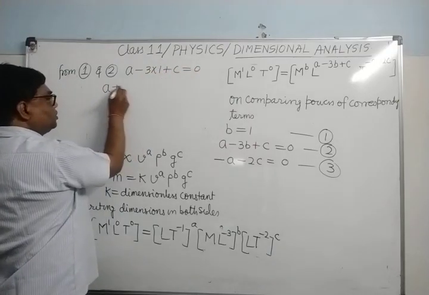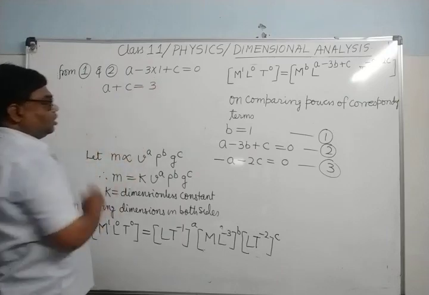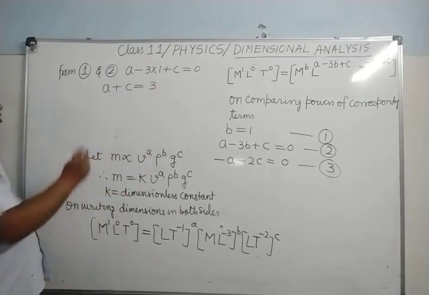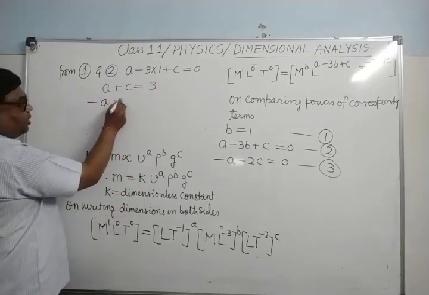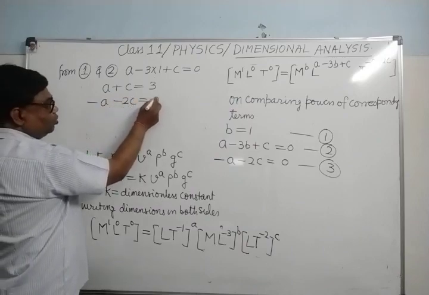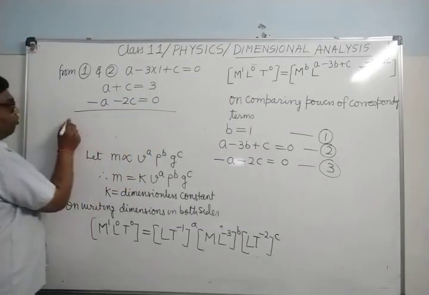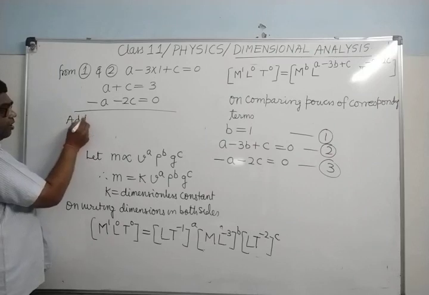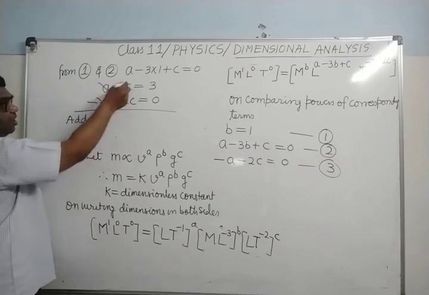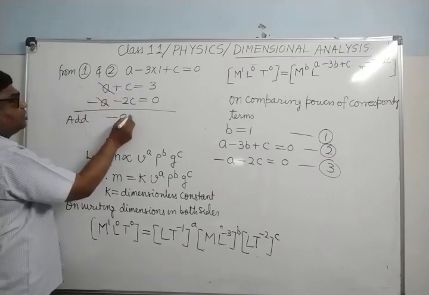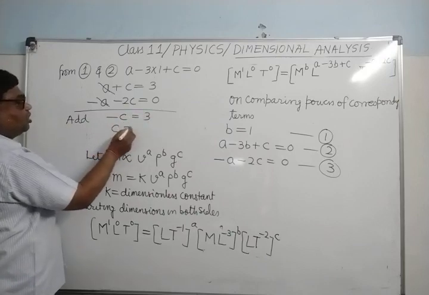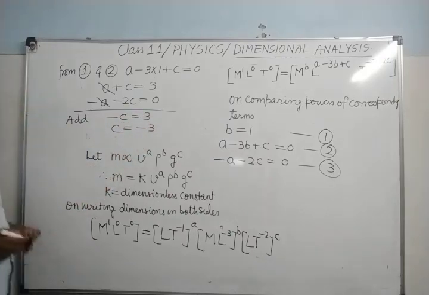So a plus c equals 3. Equation 3: minus a minus 2c equals 0. So you add. When you add, a will cancel. c and minus 2c, minus c equals 3. So c equals minus 3.